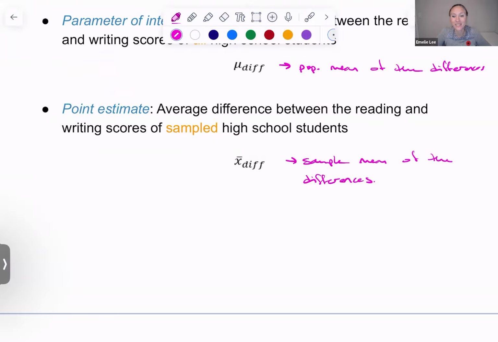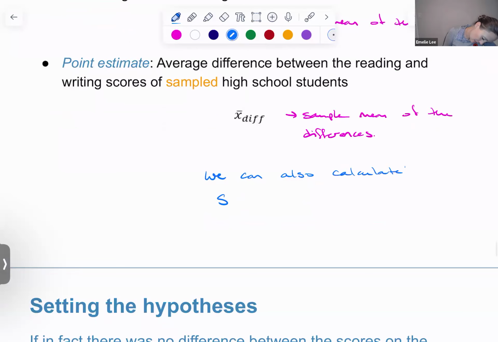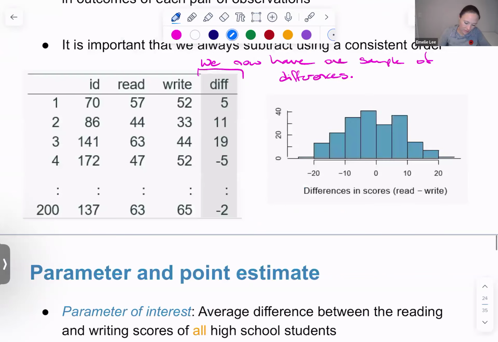We can also calculate the standard deviation of the differences, S diff. And of course, we'll have the number of differences, n diff.